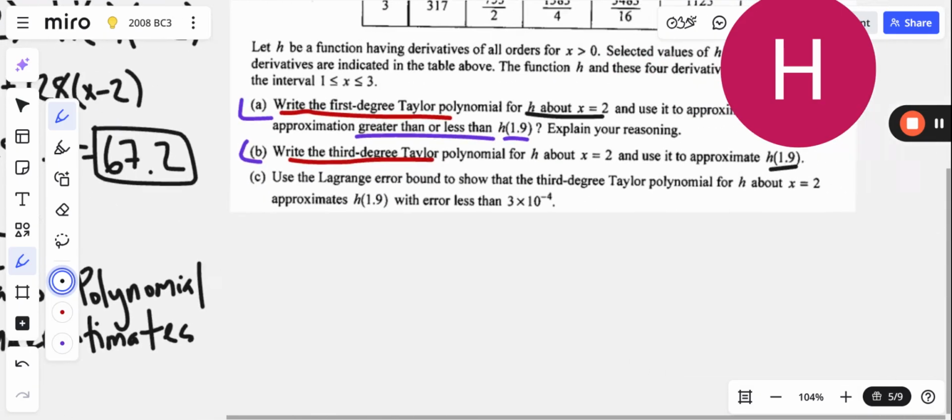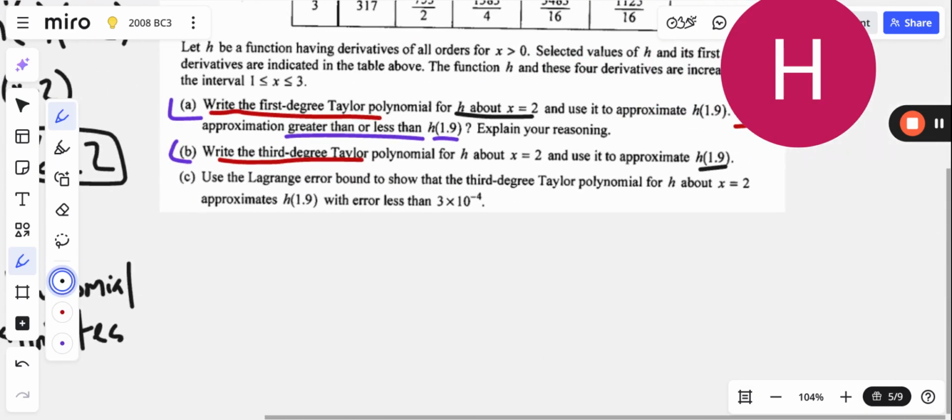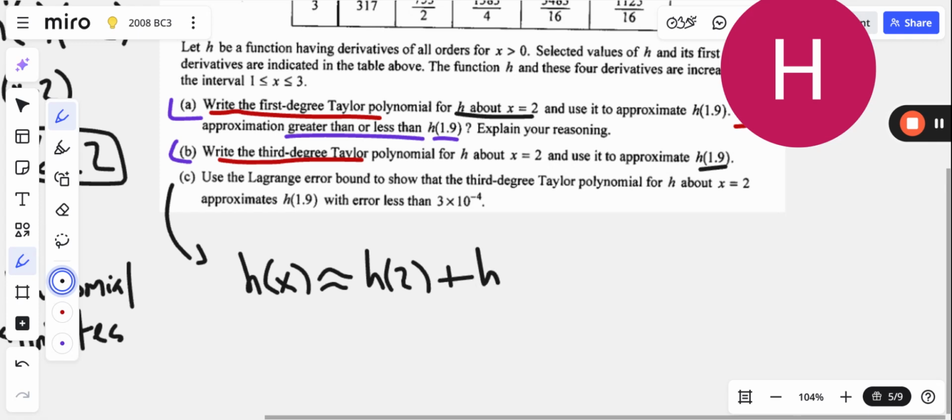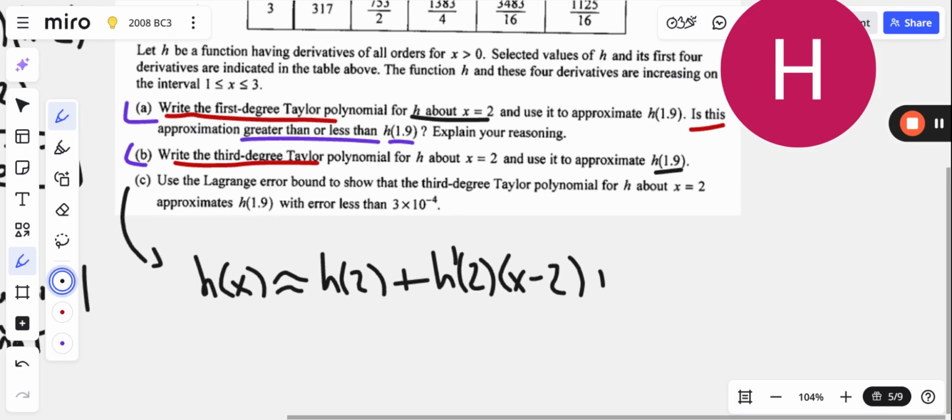Okay, let's write that out. So now we're going to say that h of x is approximately h of 2 plus h prime of 2 times x minus 2. So that's the level of precision that we got from the first degree Taylor polynomial. Then we're going to get even more precision because now we're taking into account the concavity.